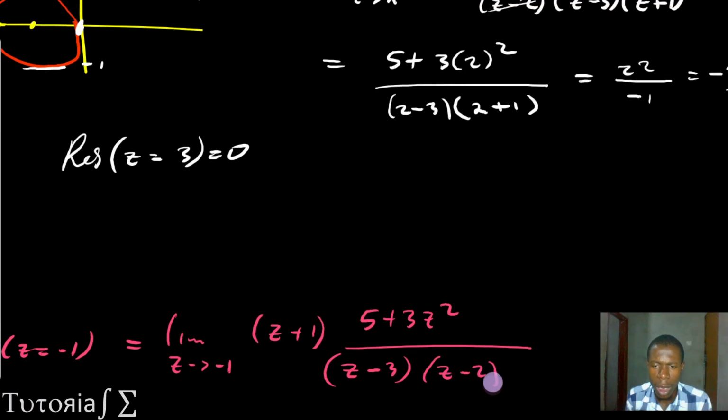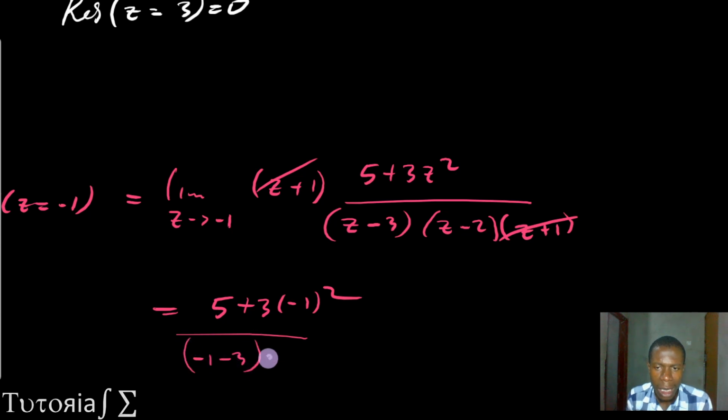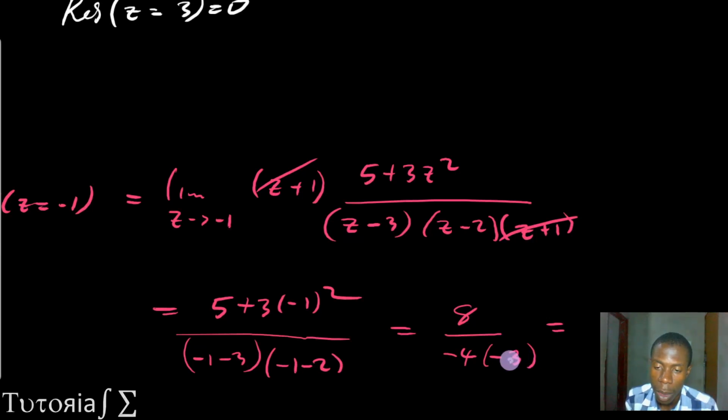Where there is z, we put 0, so this is 5 over minus 3 times minus 2, and negative times negative would be positive, so this is 5 over 6.